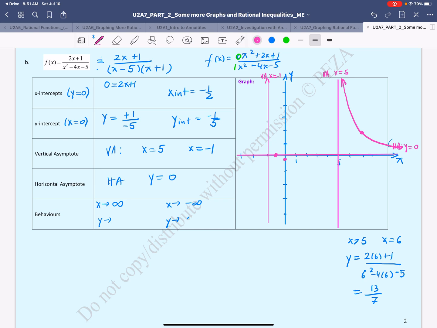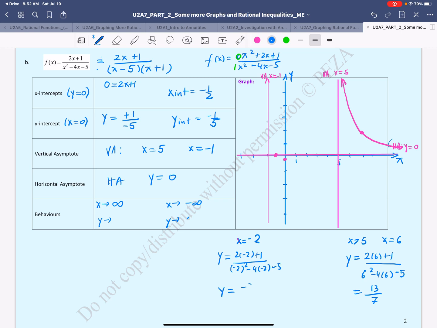So we are going to make this point visible and draw a curve that follows the asymptotes. Next I'm going to deal with the interval to the left of the x equals -1 asymptote. For this, I will pick a value of x equal to -2. So the value of y will be (2 times -2 plus 1) over (-2 squared minus 4 times -2 minus 5).